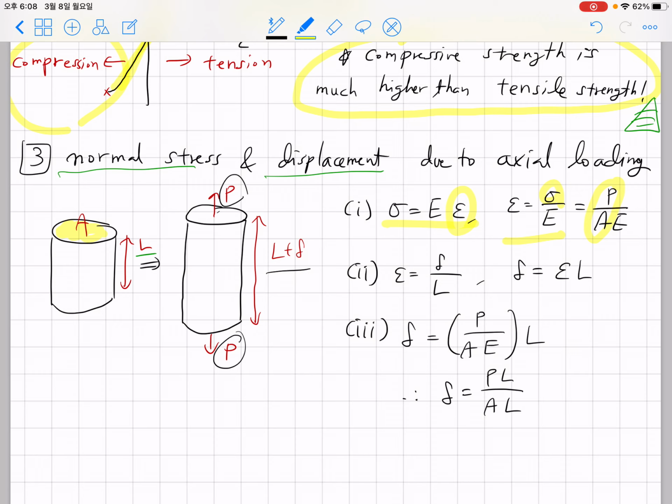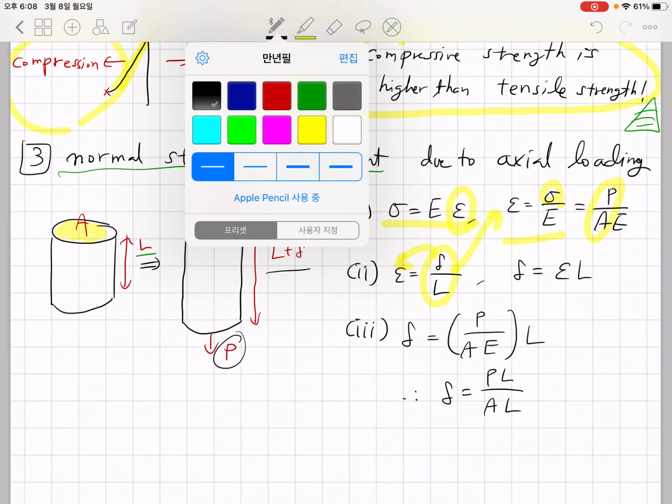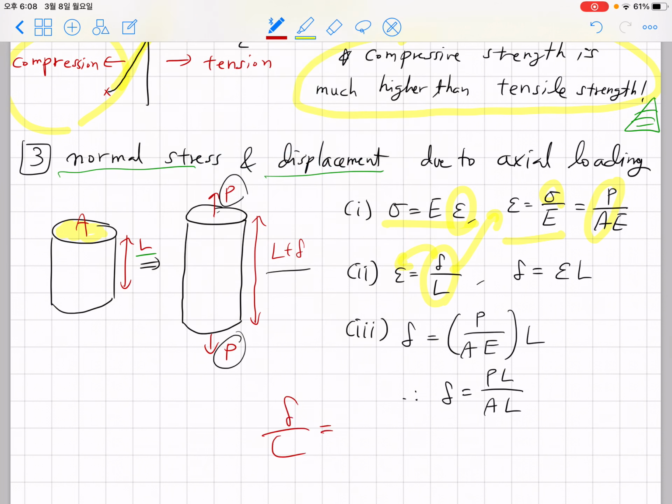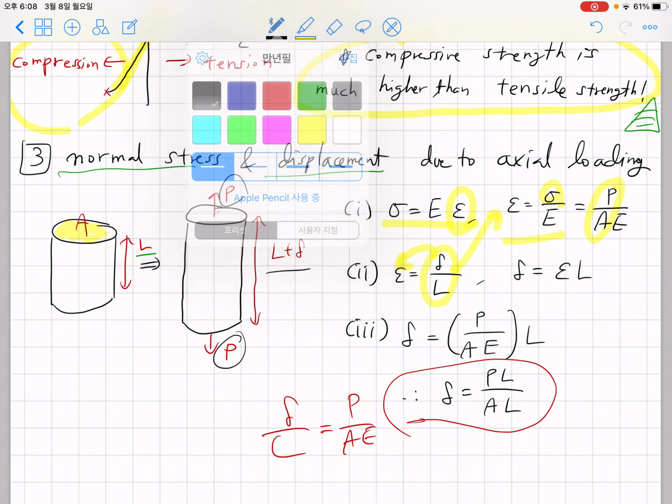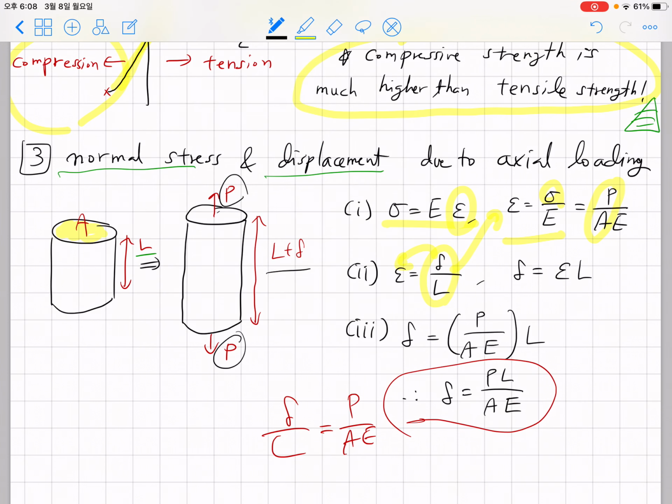Now, after adding this stress definition, you also add the strain definition as displacement over length and put this in. Then what you're going to see is delta over L equals P over A over E. And what you can realize is that delta must be PL over AE.